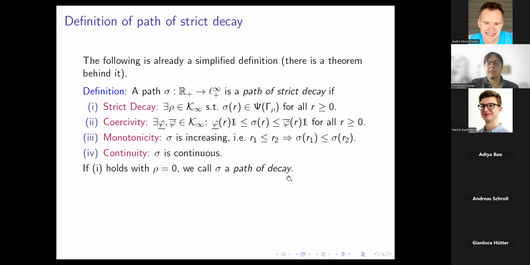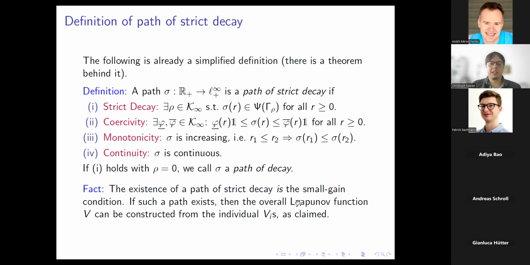Now there's only a decay. With this enlarged gain operator, we have strict decay. And the crucial fact is that the existence of such a path of strict decay is actually the small gain condition. So if such a path exists, then the overall Lyapunov function can be constructed from the individual Lyapunov functions.